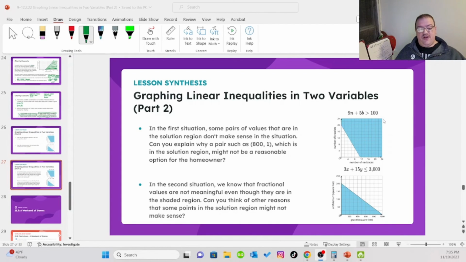In addition to the fractional ones, this shaded region is going to go on to infinity. And if this is one person selling necklaces and bracelets at a Saturday market, there's only so many bracelets that one individual can make and sell, and there's only so many that people are actually going to buy. So there would be some type of limit as to what numbers we could use. We could not go all the way to infinity.